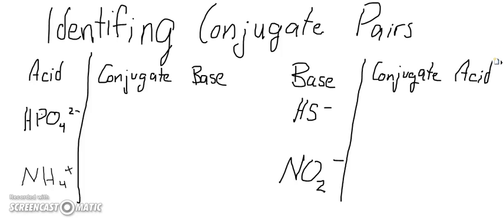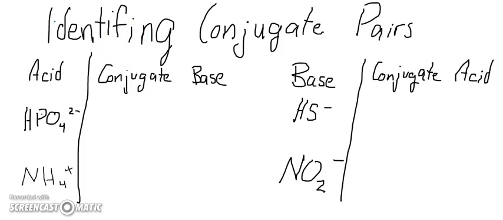When we're trying to identify conjugate pairs, we have to look at whether they are accepting or donating the H+. Here we have the acid HPO4 2-, and we know that it is going to donate the H+, and the conjugate base is going to accept the H+.